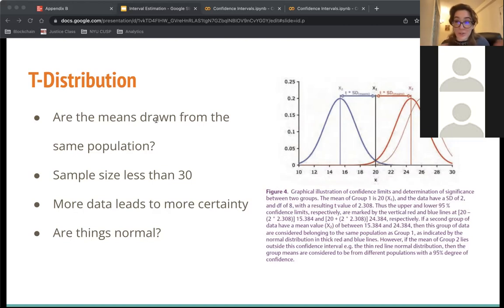Let's just say there's some metric of quality in these hops. If one sample of hops was planted with a specific soil condition compared to the other, he's trying to test whether there is any statistical difference between these two crops based on this variable of soil condition, for example.